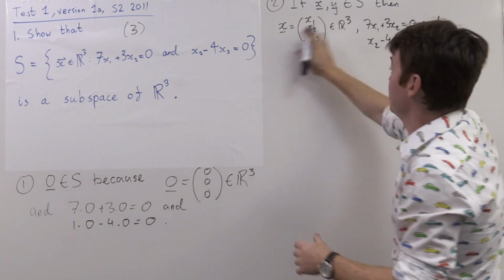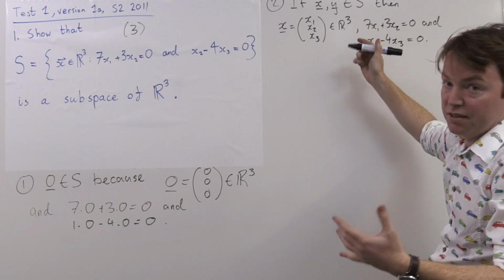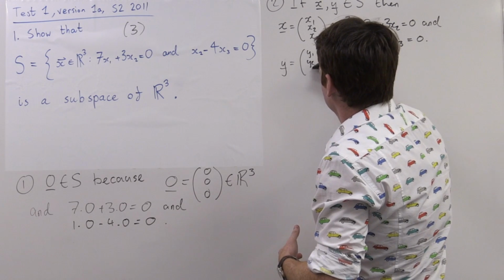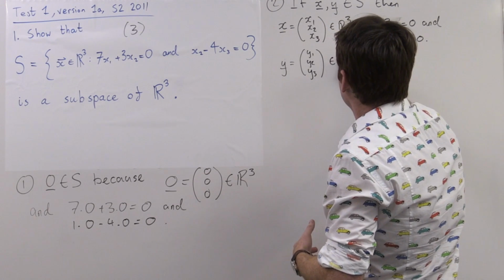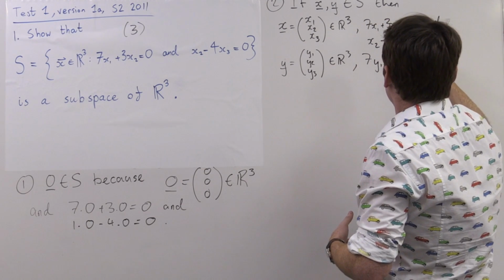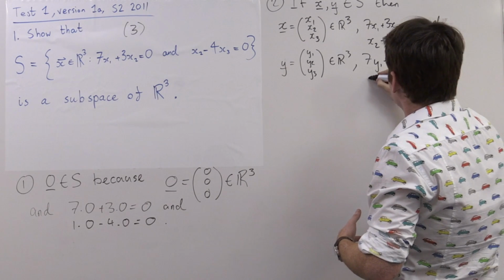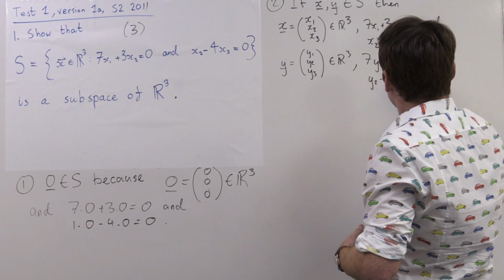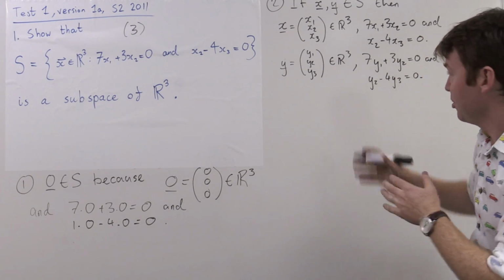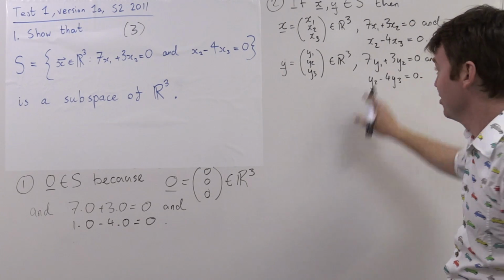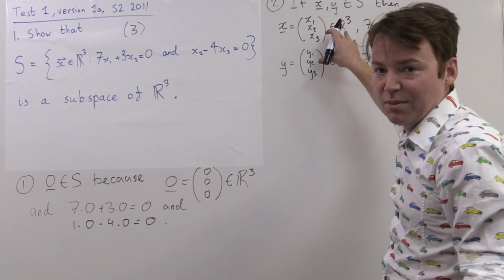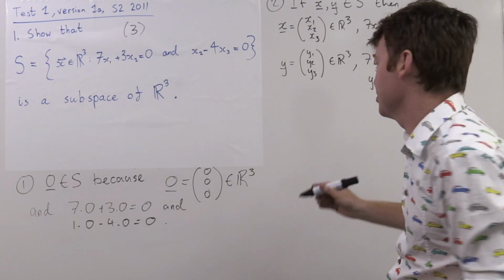It also, so that's just unpacking what it means for x to be in S. Again, unpacking what it means for y to be in S. I'm going to need this stuff. This is the only hope I have of actually proving that x plus y is in S. Good, so this is my machinery, and now I need to wield it and prove that x plus y is in S.